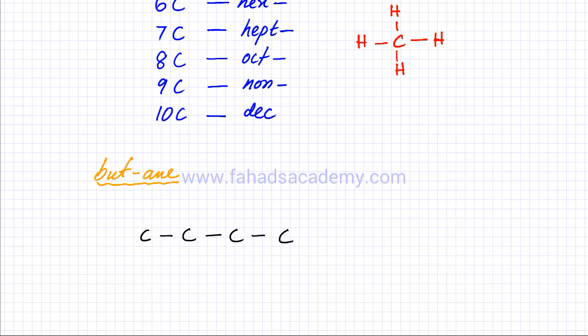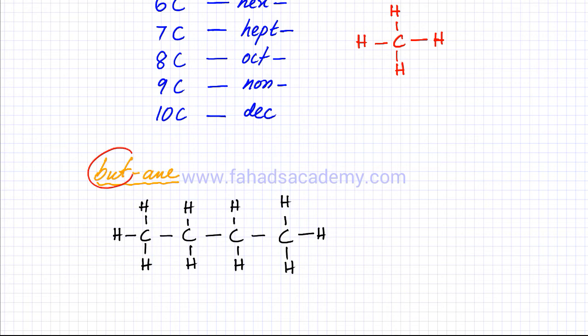And we are talking about straight chains right now, so those 4 carbon atoms would all be lined up, and each carbon atom needs to make 4 bonds, so there would be hydrogen atoms attached to complete them. So this is a molecule of butane, where but means that you have 4 carbon atoms, whereas this part means that it's an alkane.